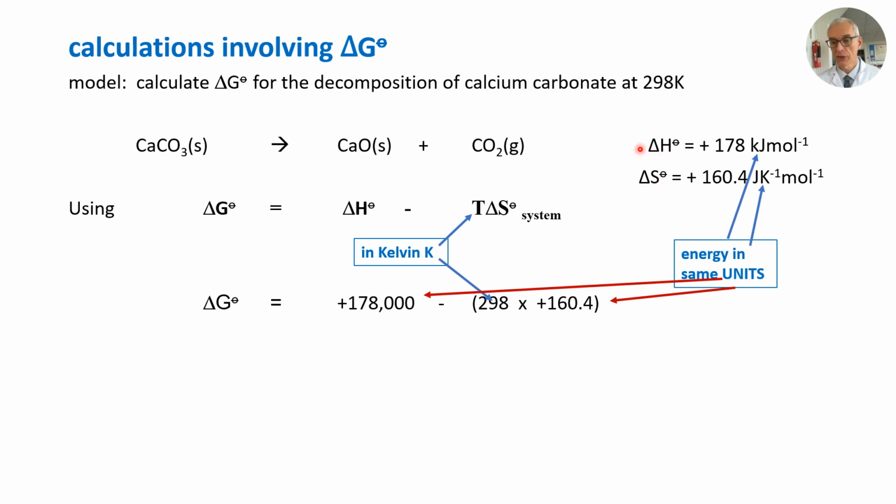So normally delta H is supplied in kilojoules. So I'm converting 178 kilojoules so that I have the same energy in the same units. So I've now got delta H as plus 178,000 joules. Because 160.4 is in joules and 178 is in kilojoules, I must convert that to plus 178,000.